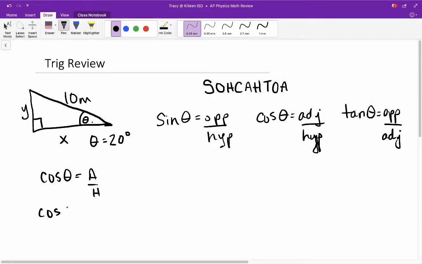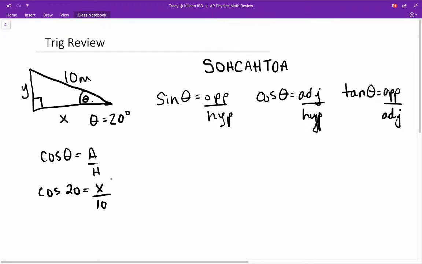So cosine of 20 is equal to, I don't know my adjacent, but I've called it x, over my hypotenuse, which is 10. If I use algebra to rearrange, I'm looking for my x. I'm dividing by 10, so I need to multiply each side by 10. That goes away, and I end up getting x is equal to 10 cosine 20.